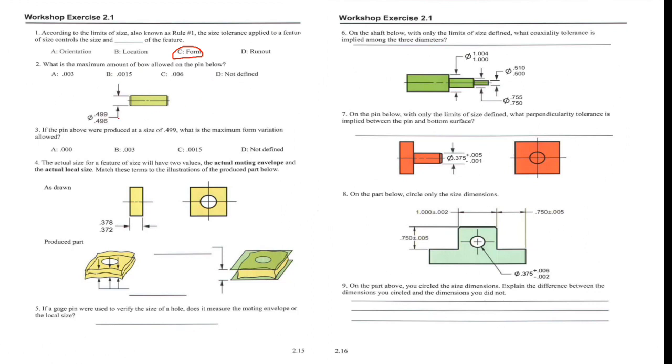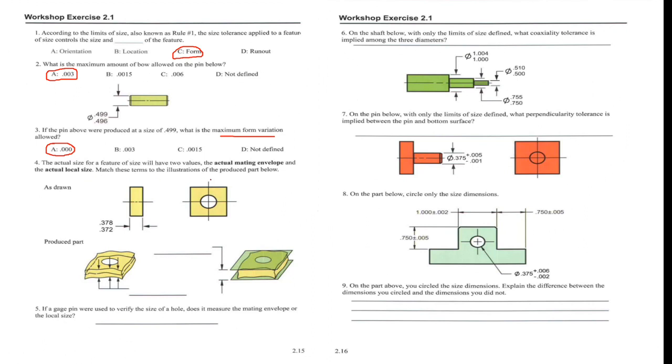Well, this minus this, we get 0.003. So the answer is A. The maximum bow allowed in this pin is A, 0.003. And if the pin is produced at a size of 0.499, the maximum form variation is 0. Answer is A.